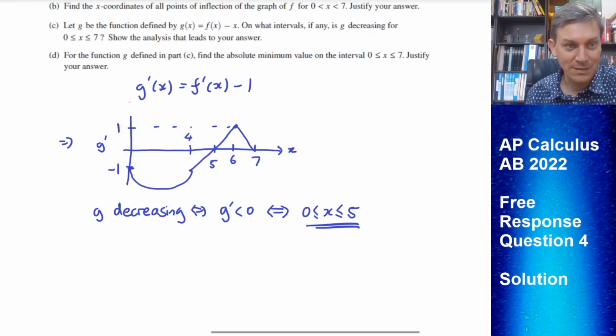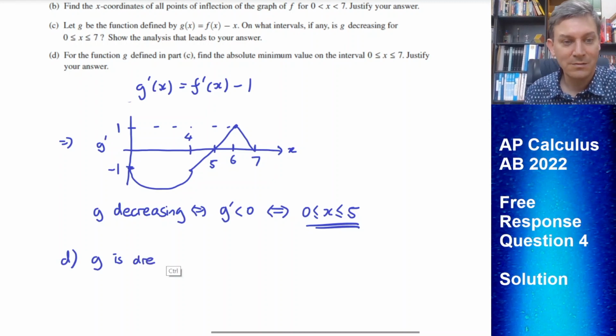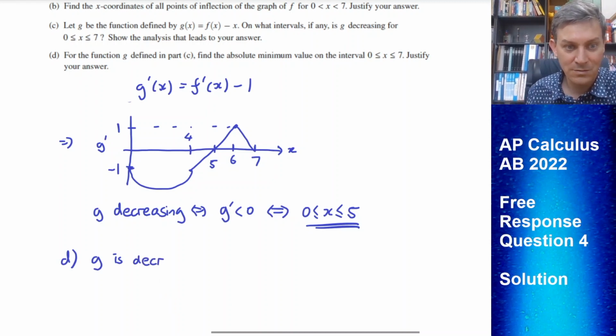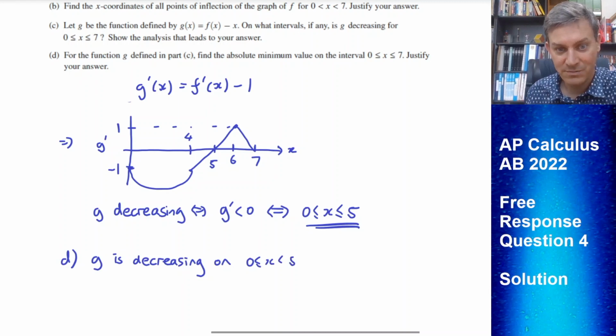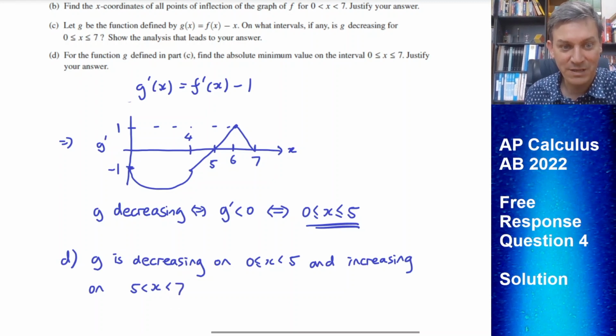So I think I can write that here. So g is decreasing on 0 less than or equal to x less than 5, and it's increasing on x greater than 5 and less than or equal to 7, or less than 7 if we're being precise.